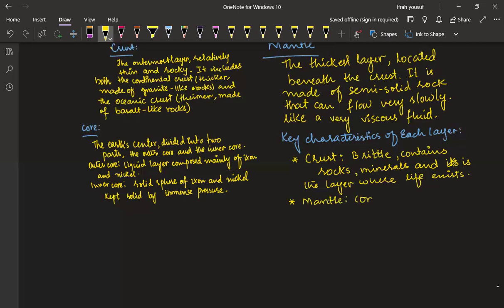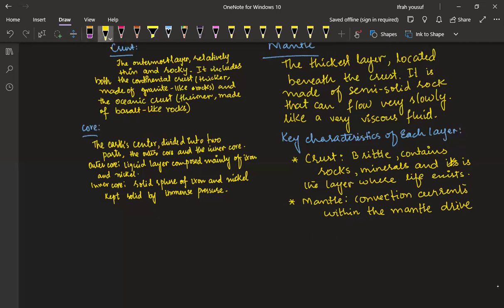When we talk about mantle, convection currents within the mantle drive the plates. Which plates? Tectonic plates.